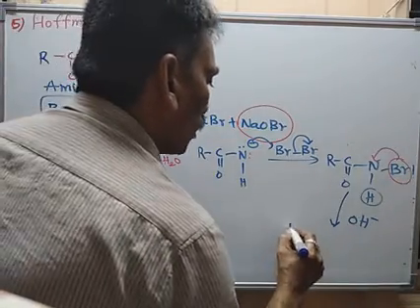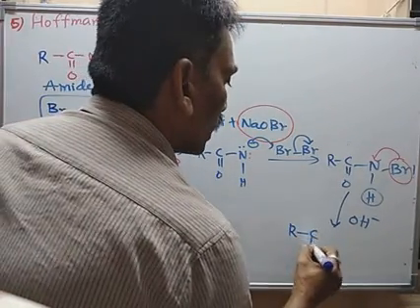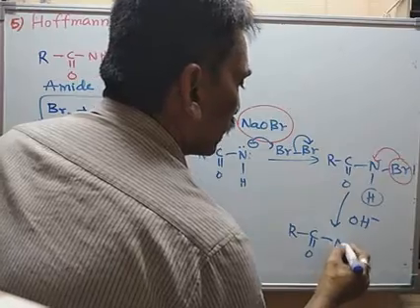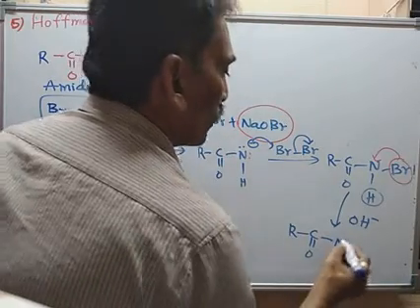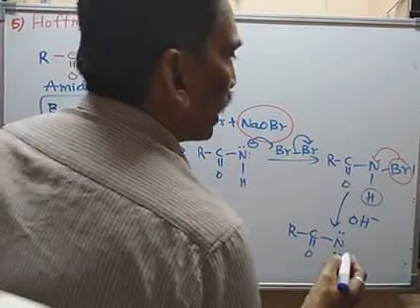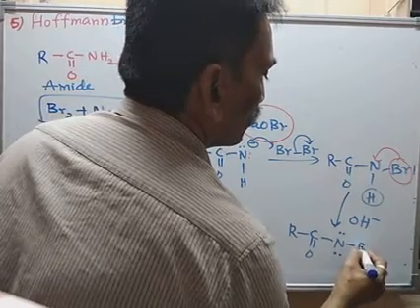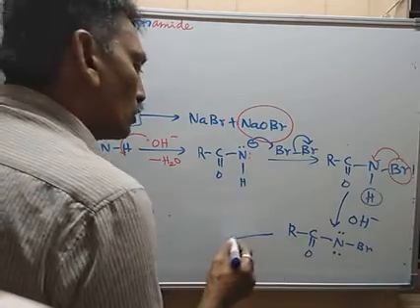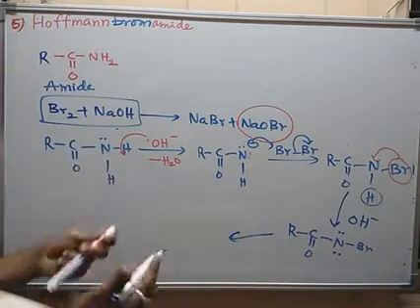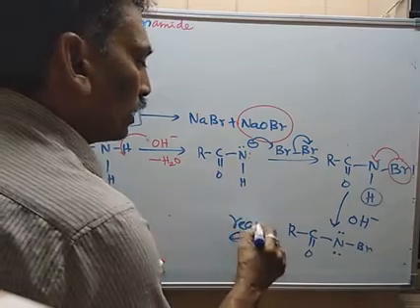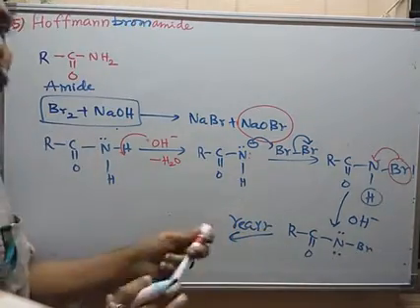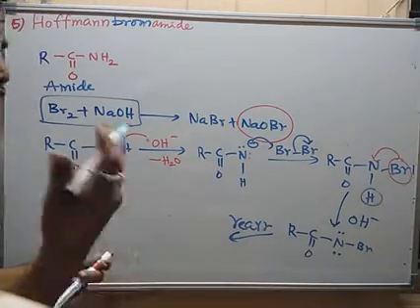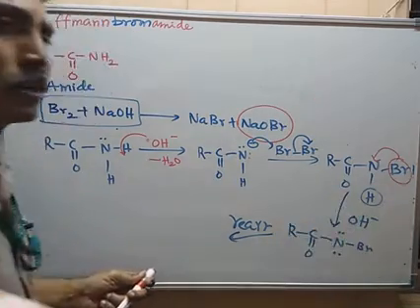And what will happen? R, as usual, C double bond O N with a lone pair of electrons, one more pair, and Br. At this stage it undergoes a single-step rearrangement. Just as our students rearrange from one bench to another within the class while class is going on, here also there is a rearrangement.